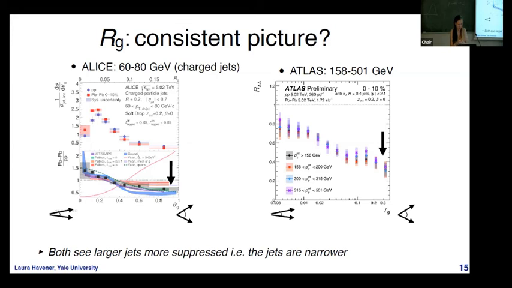I mean, each bin on the right here is some PT interval. If I had next to that a plot of the inclusive jet RAA as a function of PT, I'd just look up the number of jet RAA, scale up that plot on the right, and I would get exactly the same normalization as the one on the left.